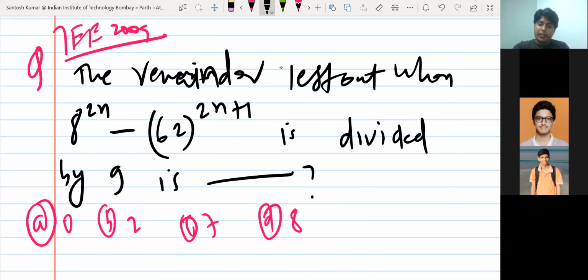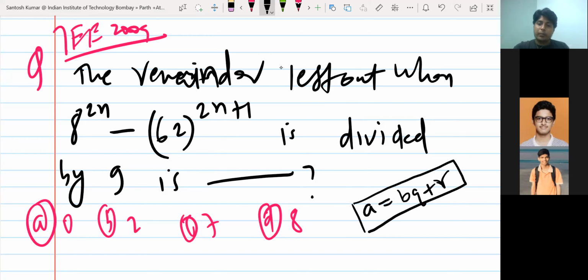Do you know, when you divide A by B, it's A = BQ + R. So dividend is equal to divisor into quotient plus remainder. The quotient can be any integer, but the remainder will always be a non-negative integer, including 0.